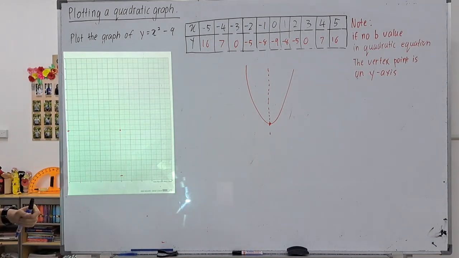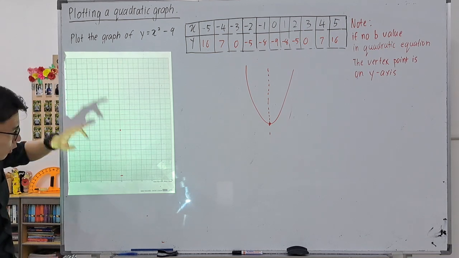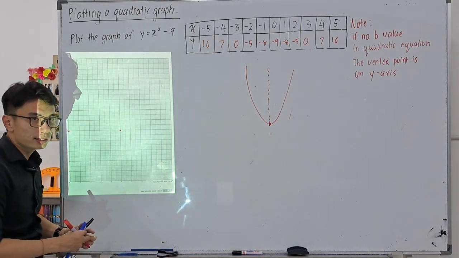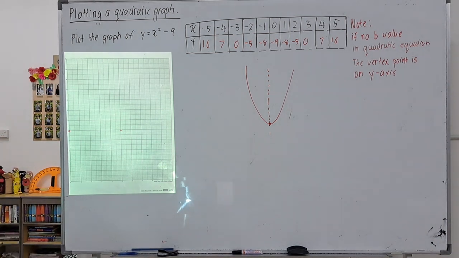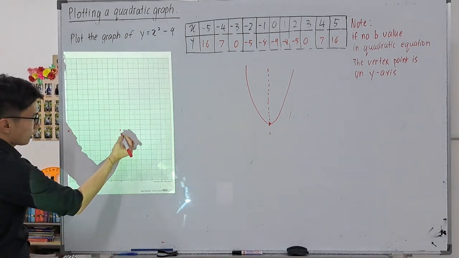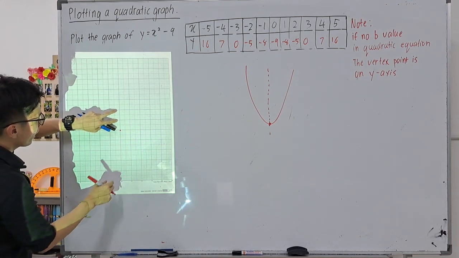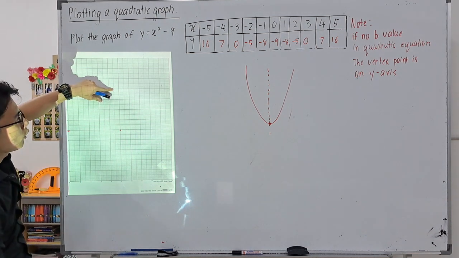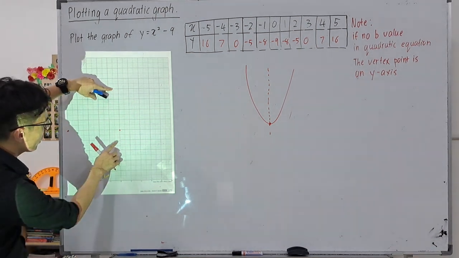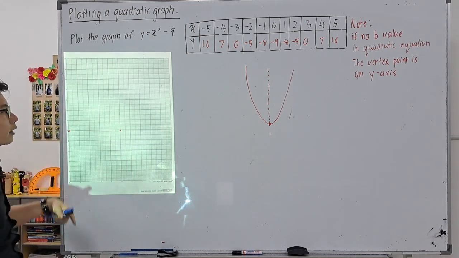But it's not suitable because I can't fit 16 over here. So if I can't use the 2, 4, 6 scale, I'm going to use my next scale, which is 0, 5, 10, 15. Let's check again. My 0 is over here, 5, 10, 15, 20. I think that looks fine. Over here it's -5, -10. I think that looks fine.